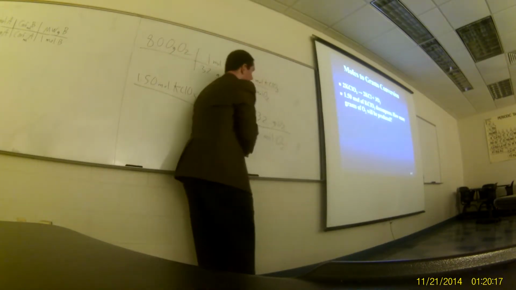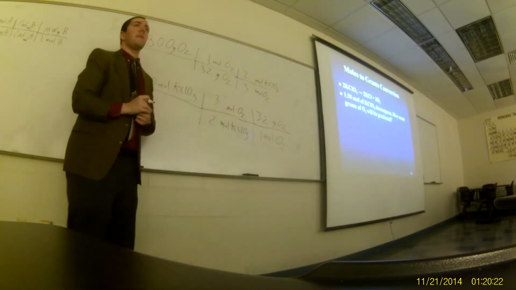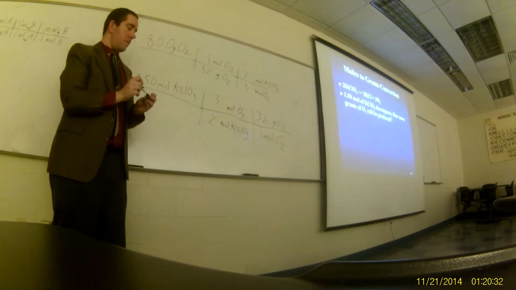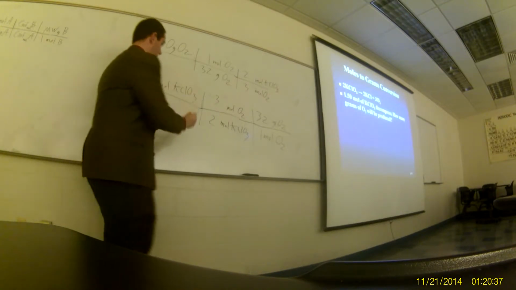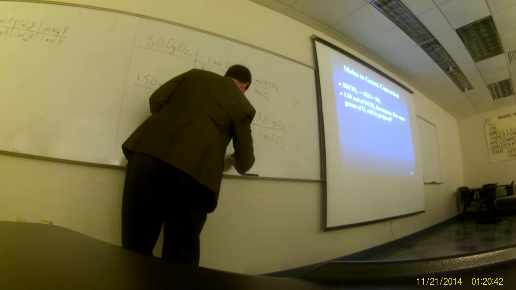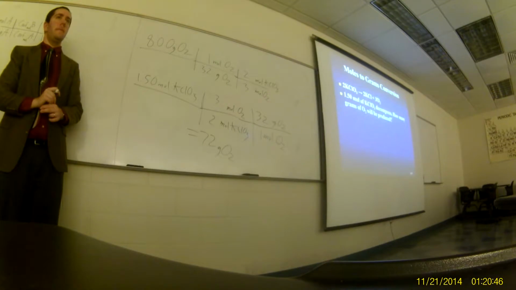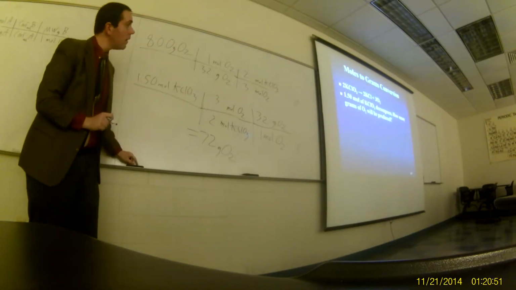If you do that math, you'll get something. I hope you get something. If you don't, you might want to replace your batteries. Grams of oxygen. Is everybody comfortable with this one? The moles to grams.